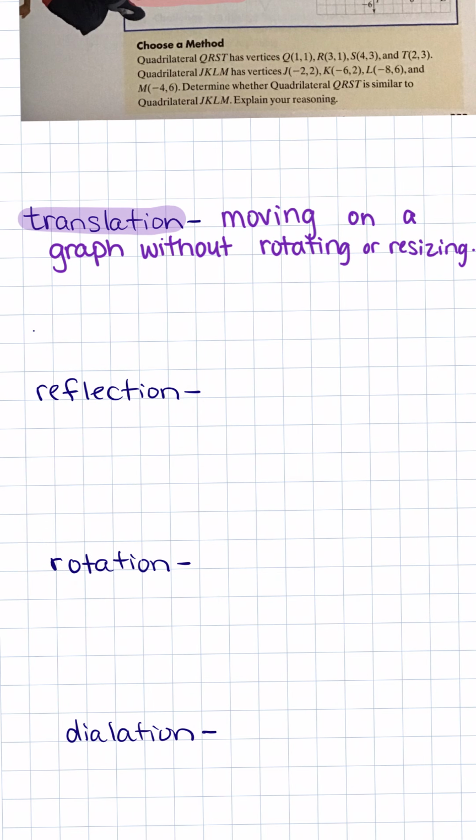And then a reflection is a transformation with a flip of a figure.